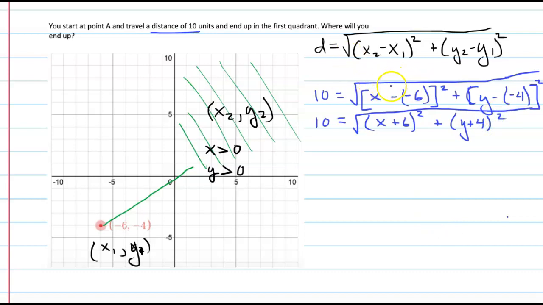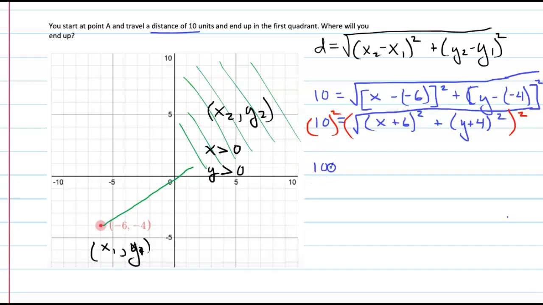Okay, and so we've seen an example like this where we were missing one of these values and we tried to solve for it. So we're going to try to get this into a form that maybe we can do something with. So I'm going to start by, again, squaring both sides.